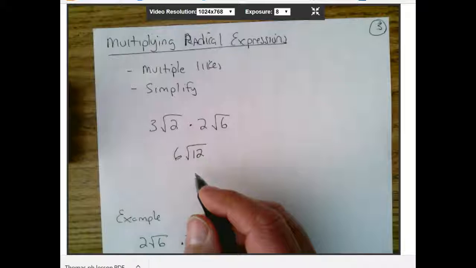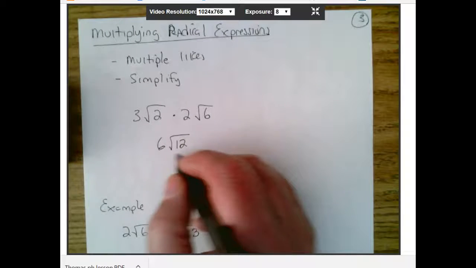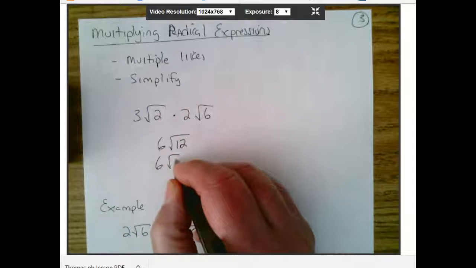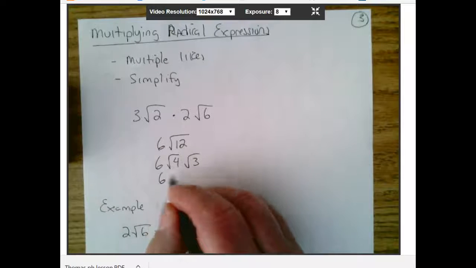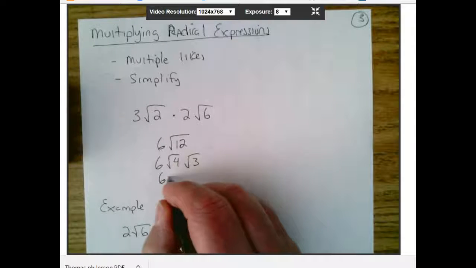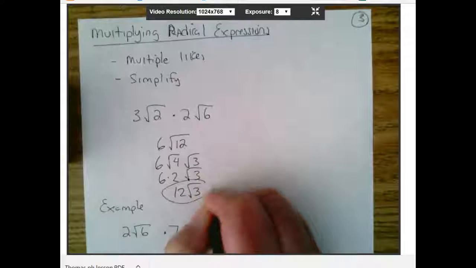Okay, and then what we do is we take this 12 and reduce it. So 6 times the square root of 4 times the square root of 3. So 6 times the square root of 4 is times 2 square root of 3. 12 square root of 3 is the answer for that one.